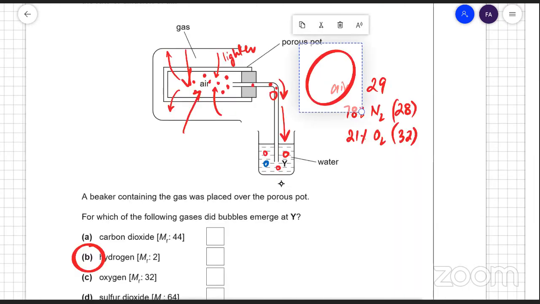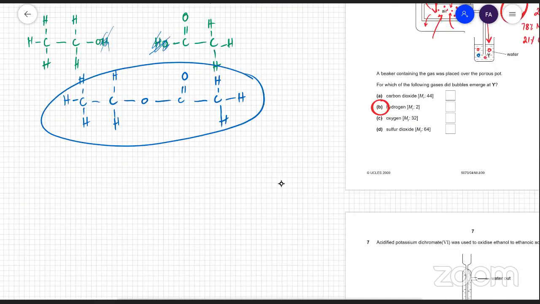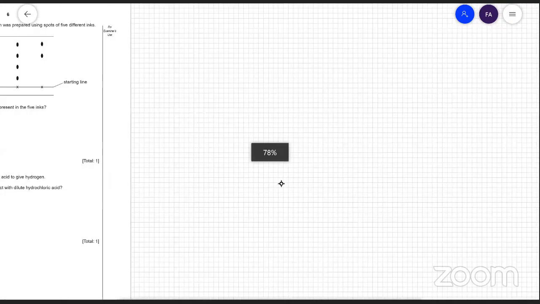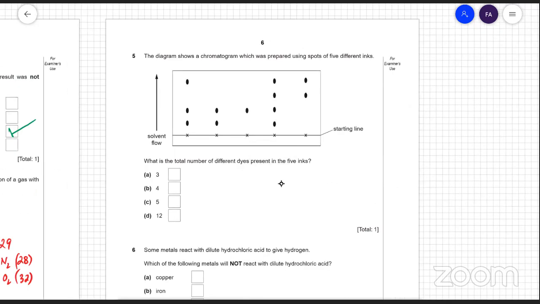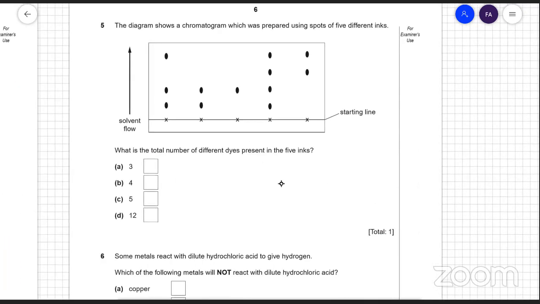Now, the next part of the question is: the diagram shows a chromatogram which was prepared using spots of 5 different inks. What is the total number of different dyes present in the 5 inks? Different dyes.